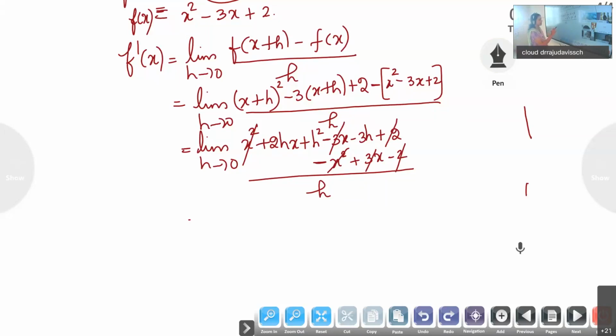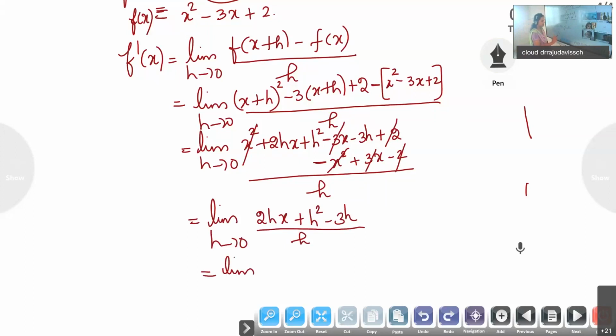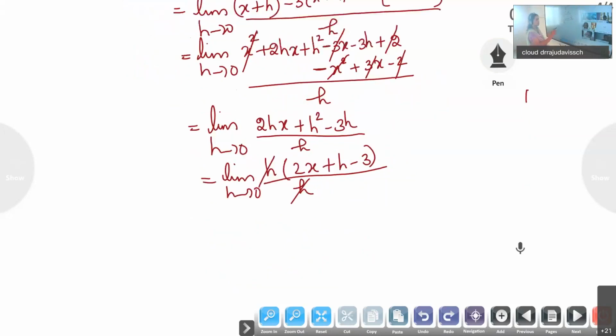So this is same as limit h tending to 0, 2hx plus h square minus 3h by h. From the numerator we can take h common. If you take h common, 2x plus h minus 3 by h. h will get cancelled. You put h as 0.